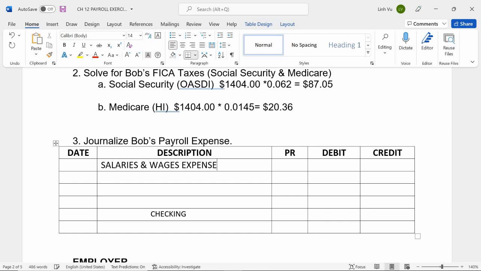You need to pay them for what they worked. Then you have to do the FITW, which is the federal income tax withholdings, which we just calculated, right? We also calculated Social Security. And we just calculated Medicare.